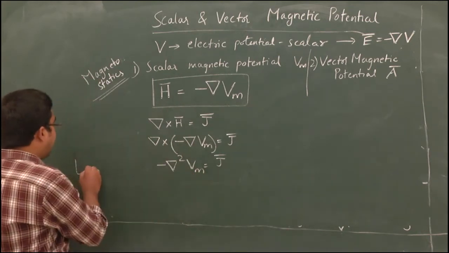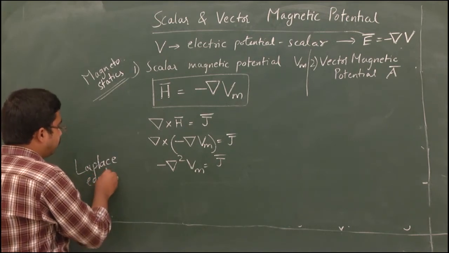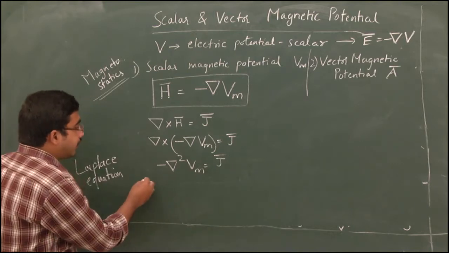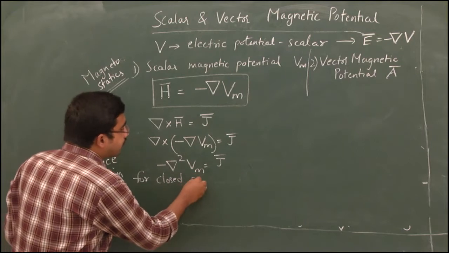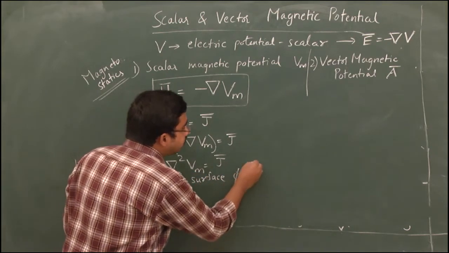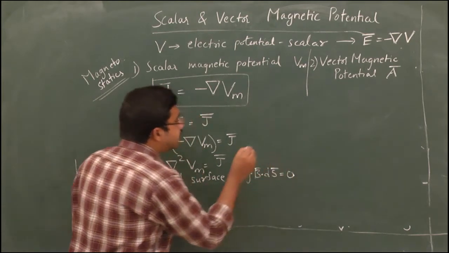For finding the Laplace equation, we can say that for a closed surface, we know that phi equal to integral B bar dot ds bar is equal to 0.